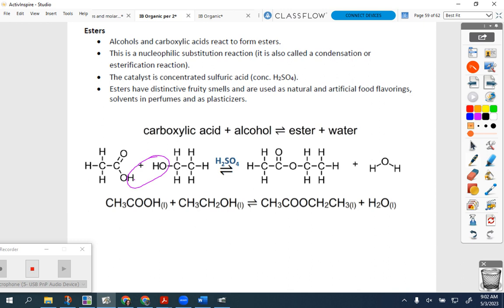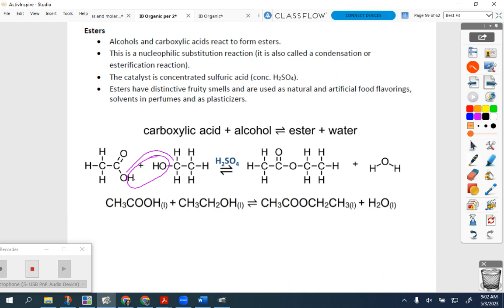Okay, what ends up happening is the oxygen of one attaches to the carbon of the other, and we have an ester. Okay. Esters are widely used as perfumes and flavorings. The cherry in your cherry Coke that you distilled out was an ester.